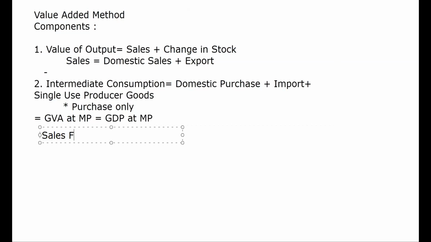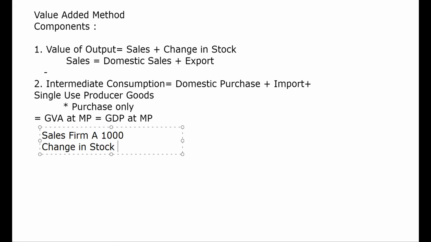Sales to firm A, in short I'm writing, is equal to 1000, and then sales and change in stock, firm A and B both, two firms are there, is equal to 500.